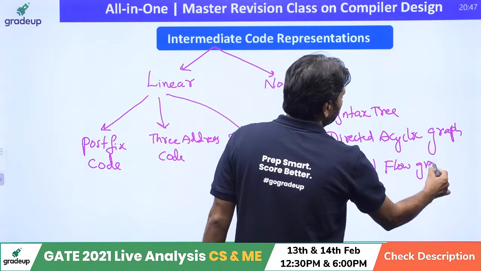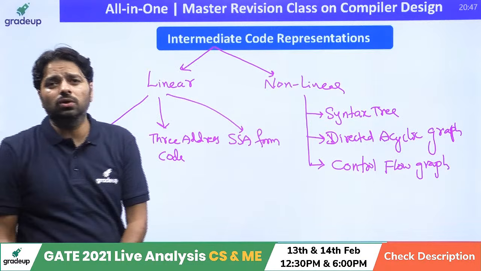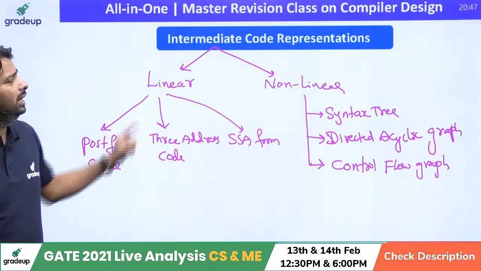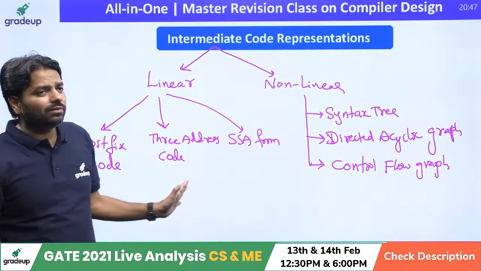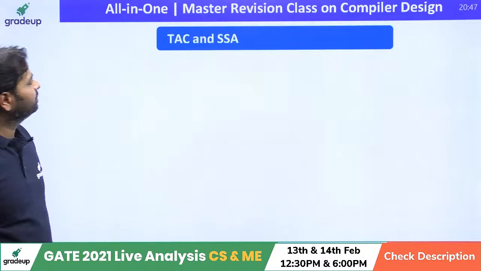And not only this, there are so many examples in the world, even 4 address code, 5 address code, 2 address code. But these are the standard representations of intermediate code. So try to revise them. I'm going to make you revise with a few examples.